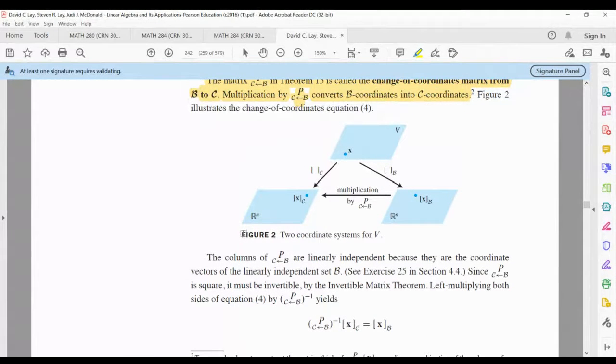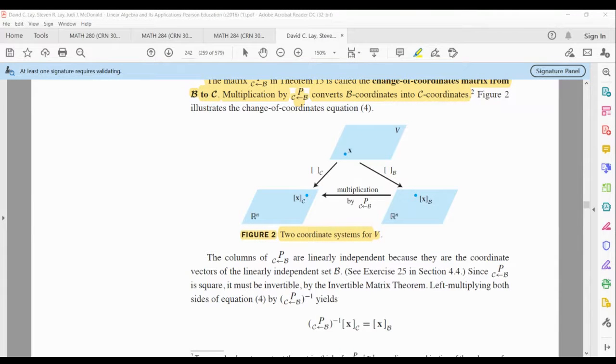They have a nice picture here in figure 2 that shows how you take a vector x, and you can express that vector x using different coordinates depending on what your coordinate system is.